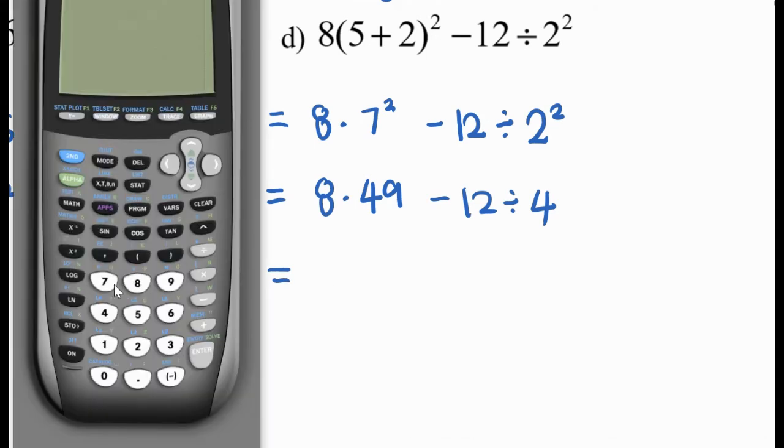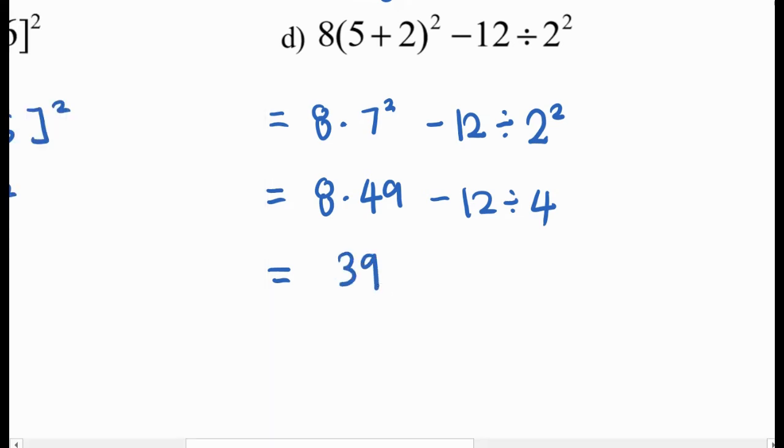Okay, 8 times 49. 8 times 49 is 392 minus 12 divided by 4 is 3. Let's subtract. Then we have 389. So this is the answer.